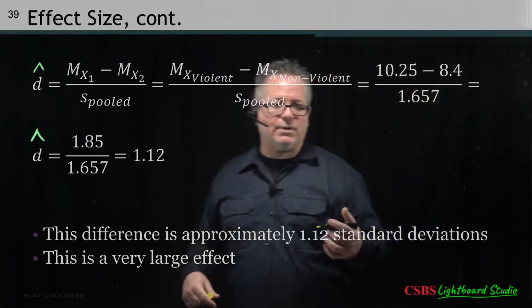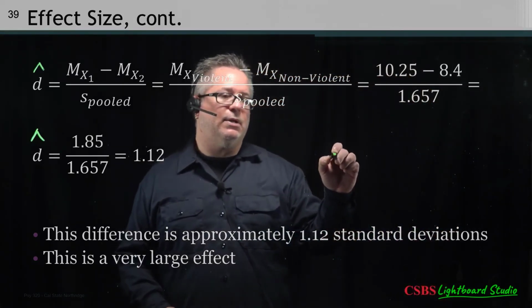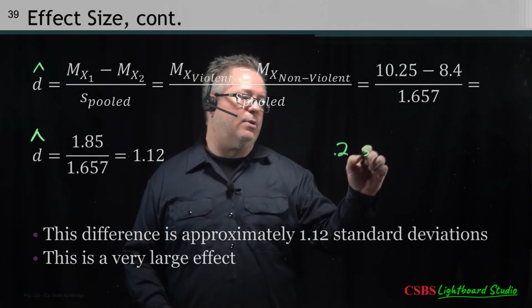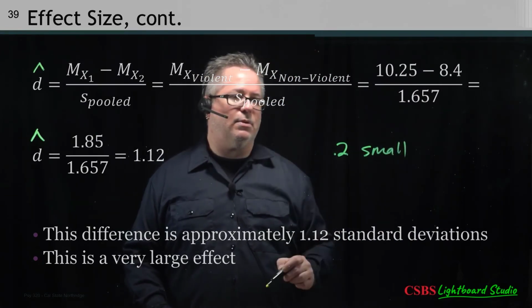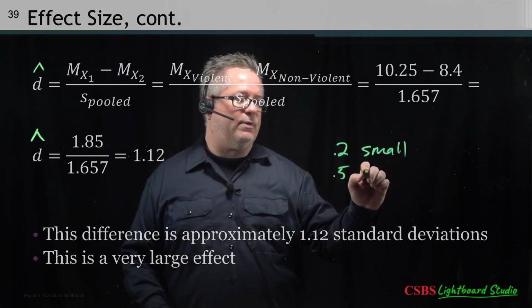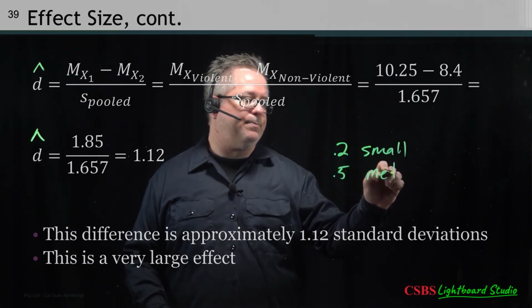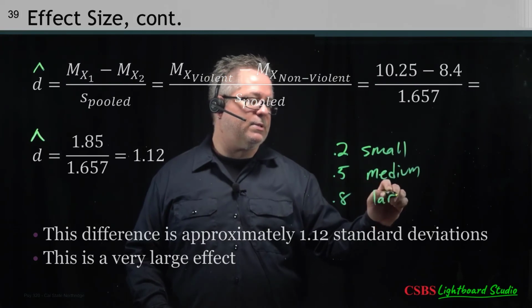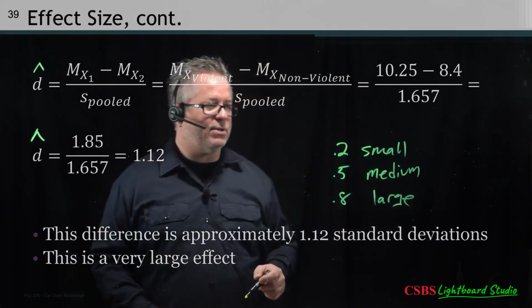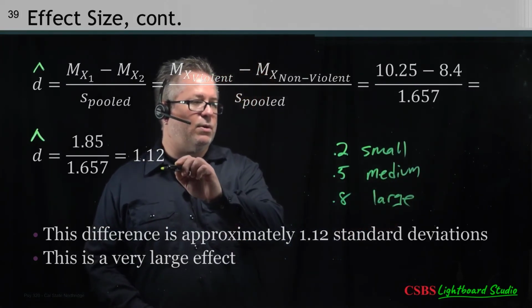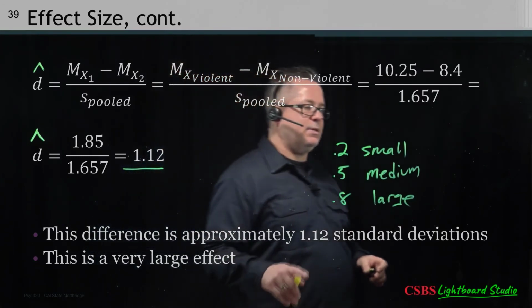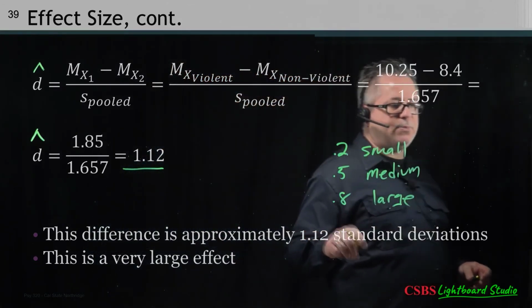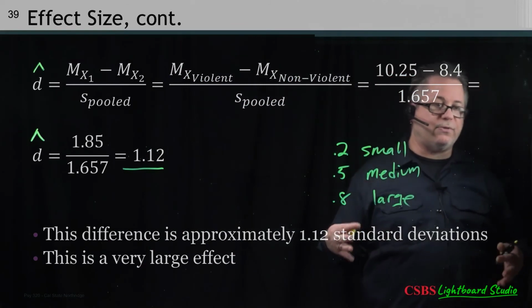Just to remind ourselves for Cohen's d, remember 0.2 is small, 0.5 is sort of medium, moderate, and 0.8 is large, and there isn't anything above large. But this 1.12 effect is past 0.8, so we're into a large effect size.